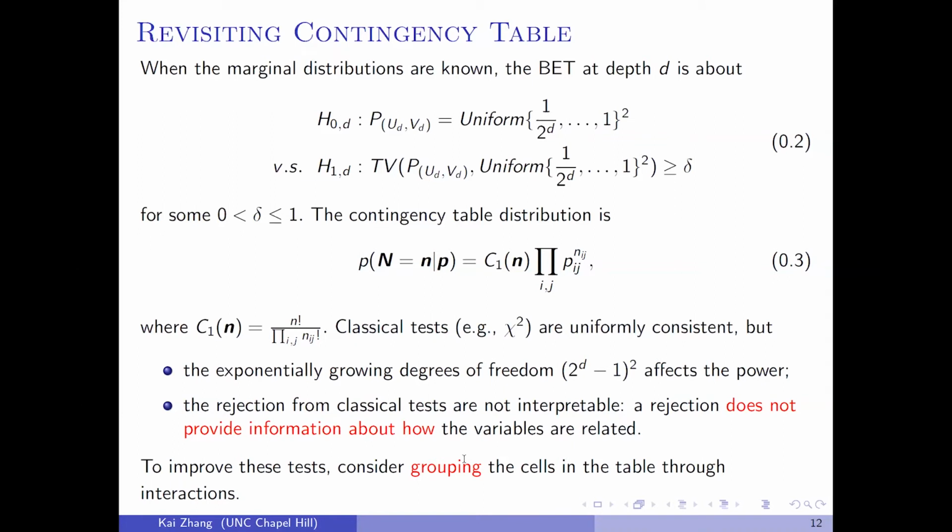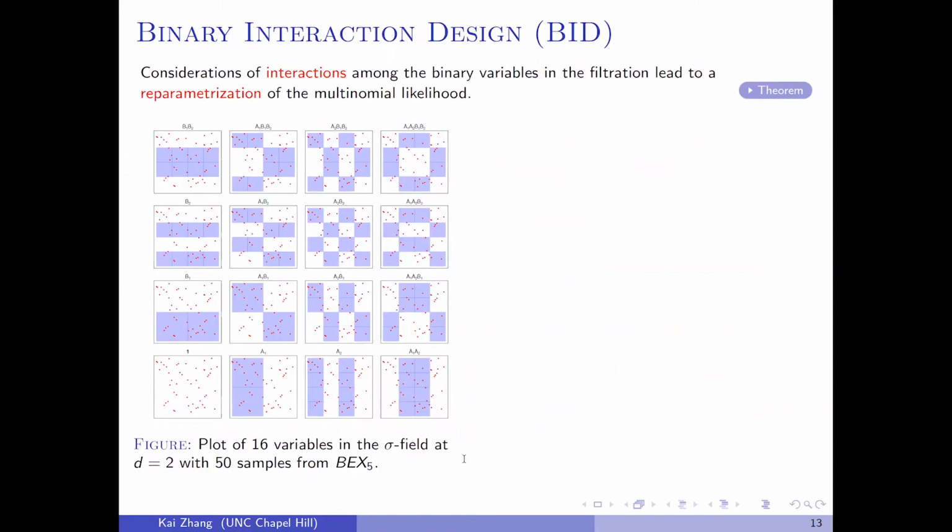We can improve upon these two properties by grouping the cells in the contingency table through interactions of binary variables in the filtration. I will skip many theorems, but the consideration of grouping cells in the table through interactions of binary variables in the filtration will lead to a reparameterization of the multinomial likelihood. And I will illustrate this with the case when d equals 2 and there are 15 non-trivial binary variables in the sigma field.